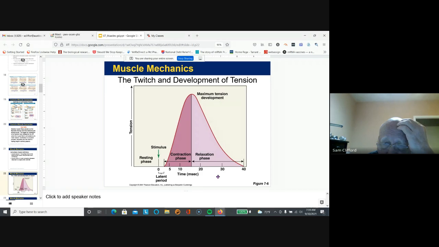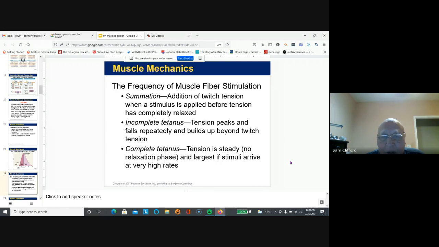Then the muscle relaxes when acetylcholinesterase removes acetylcholine, which had opened the sodium channels in the motor end plate, and once sodium rushes in, the contraction phase is started. Okay, so muscle fibers can produce individual twitches.